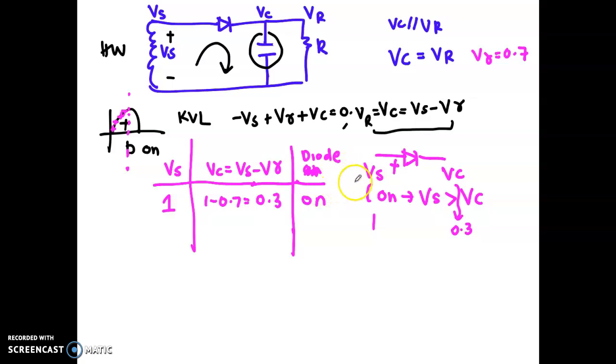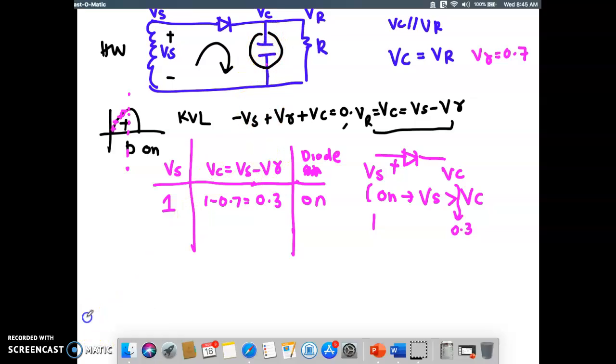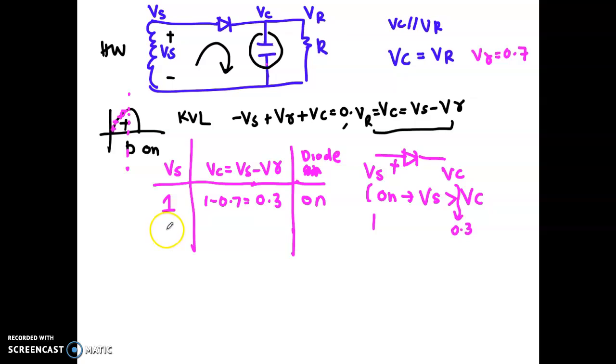When the diode is on, your capacitor will start to accumulate charge. Let's increase to 3. You apply 3 volts, so Vc will be 3 minus 0.7, which becomes 2.3. Vs is 3 and Vc is 2.3, so it's still on, right? So your capacitor is still charging accordingly.